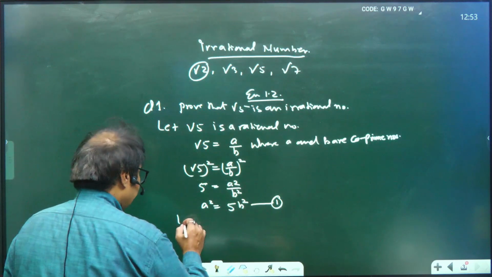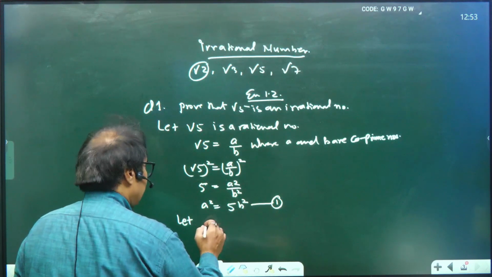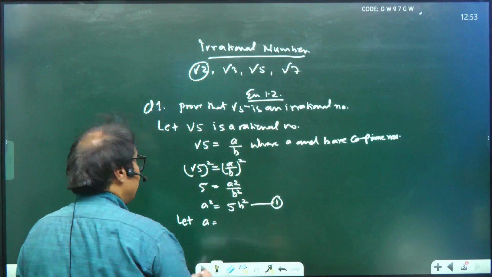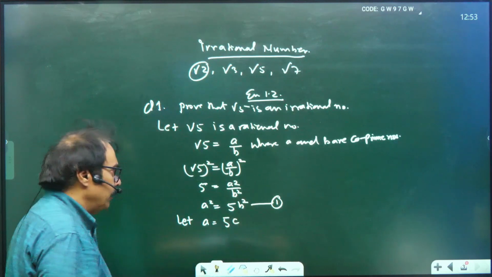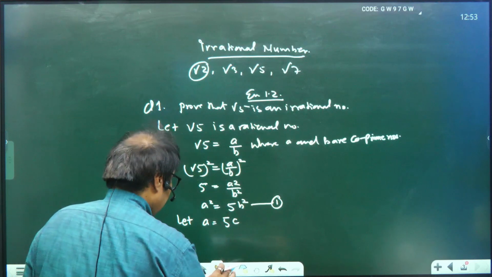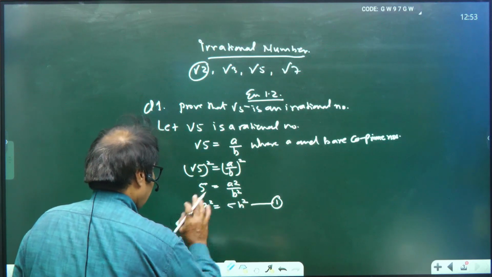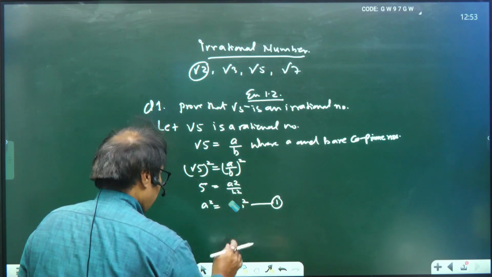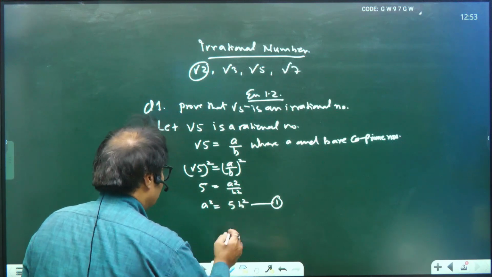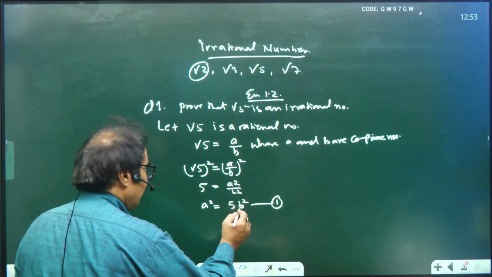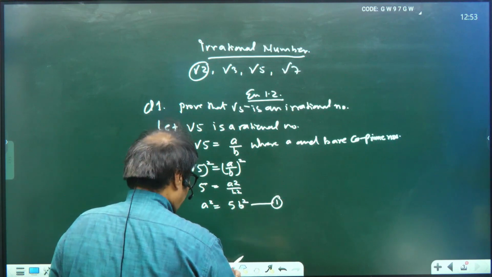So a square is equal to 5b square. What does it mean?